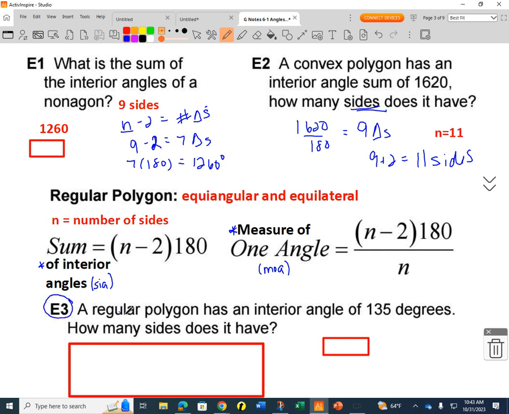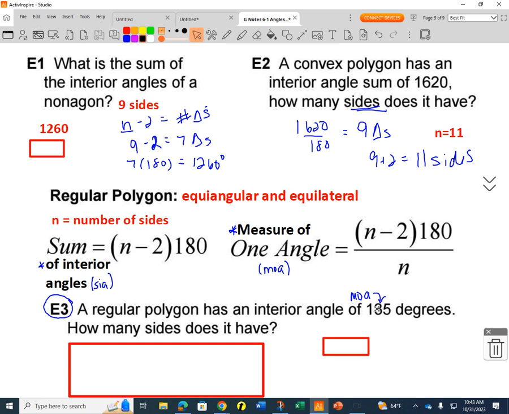A regular polygon, equilateral and equiangular, has an interior angle, a MOA, of 135 degrees. Measure of one angle, that's what we're talking about here, is 135. How many sides does it have? If we know how many sides we have, we can find the MOA. If we have the MOA, we can find the number of sides. So we're going to plug into that formula.